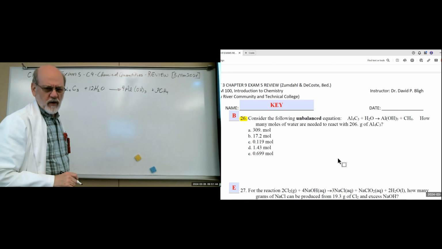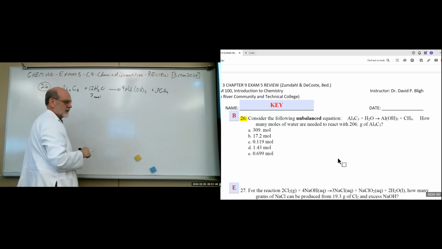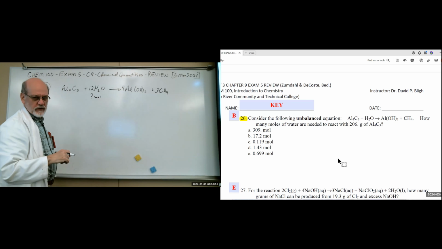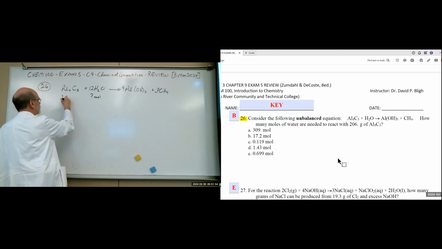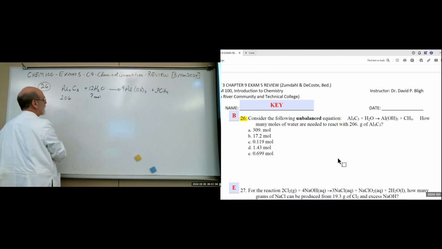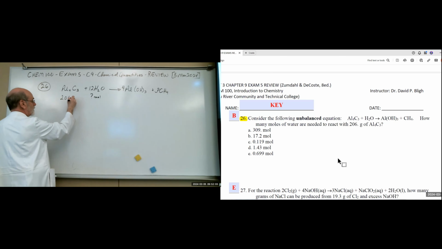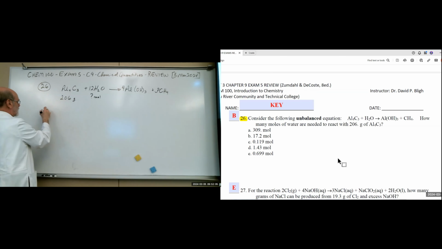How many moles of water are needed? So we want moles of water needed to react with 206 grams. Yep, 206 grams of aluminum carbide. So we need to find out how many moles of this there are. So aluminum, 4 times aluminum, 26.98. And then 3 times carbon will give us the molar mass of that compound.